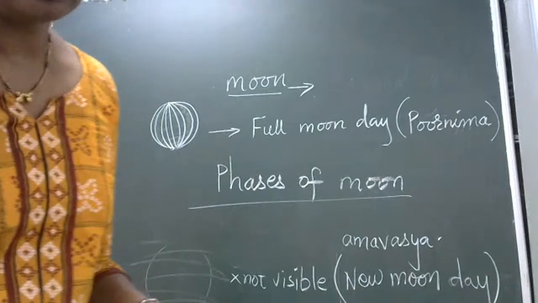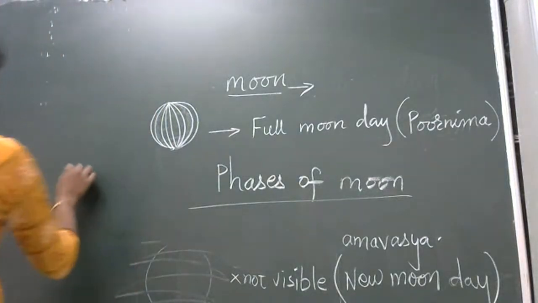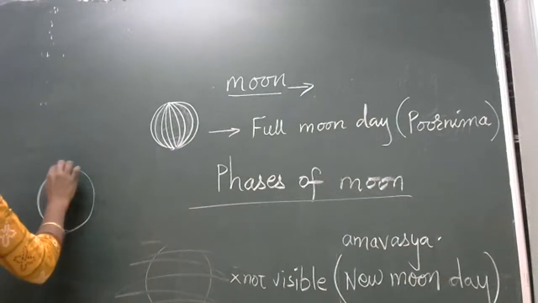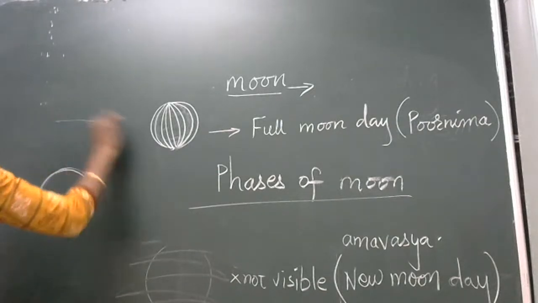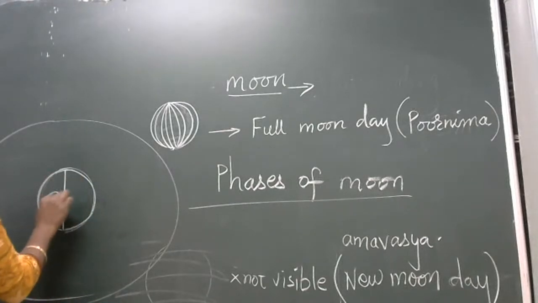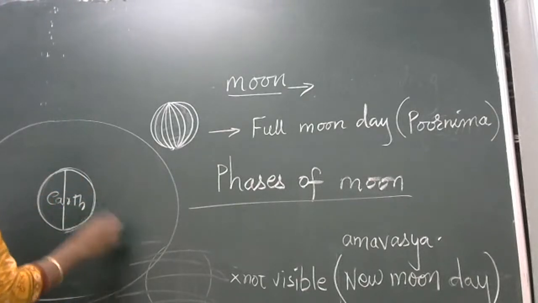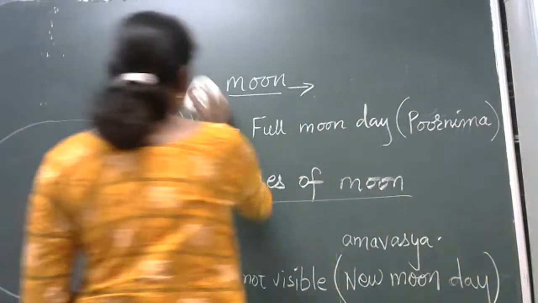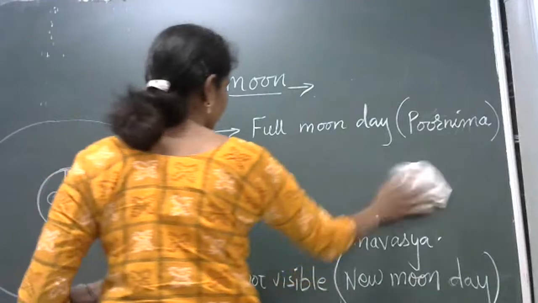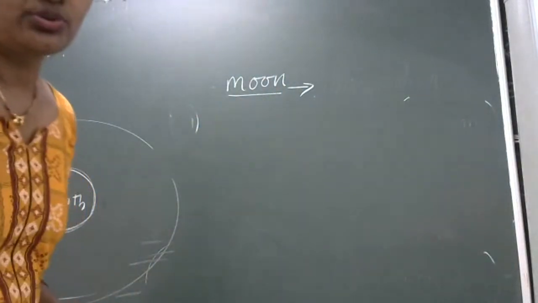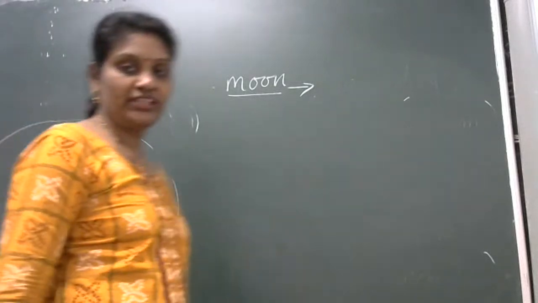So, अगर ये आप देखोगे, ये हमारा अर्थ है, and the moon is moving around the earth. This is the earth. और अगर हमने यहाँ पर अगर सन को लिया है, स्टूडेंट्स लिसन केयरफुली एवरीवन.